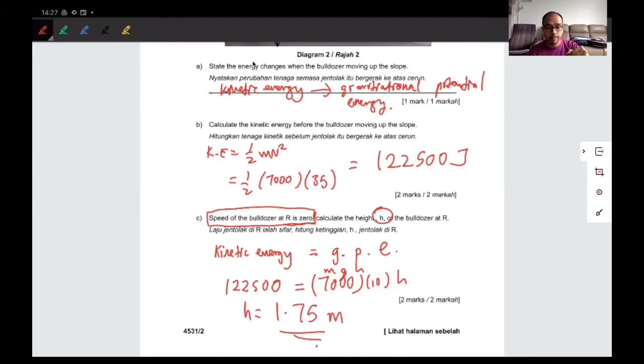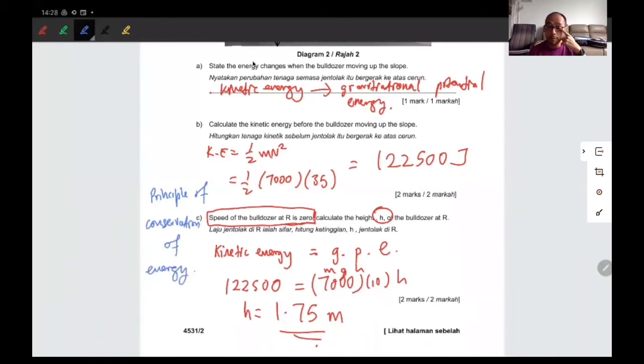Okay, and in case they ask what is the principle behind this? Why can you say kinetic energy equals gravitational potential energy? It is because we're talking about the principle of conservation of energy. Not momentum.